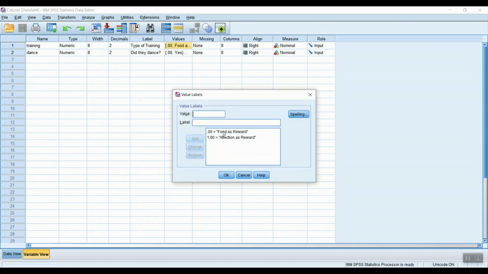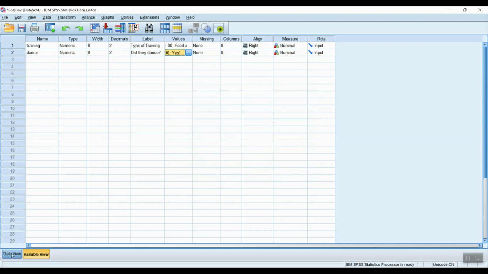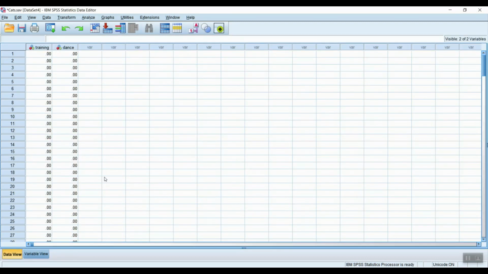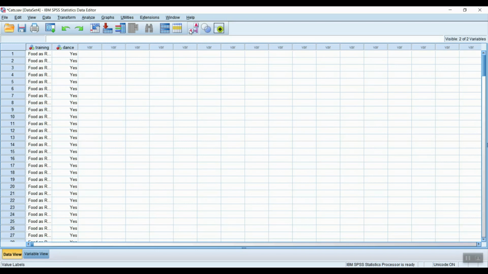We've got food as reward and affection as reward, and we've got dance yes and dance no. If we switch over to the variable view, we can see the variables and their labels. So you could have food as a reward or affection as a reward, and dance yes or dance no.